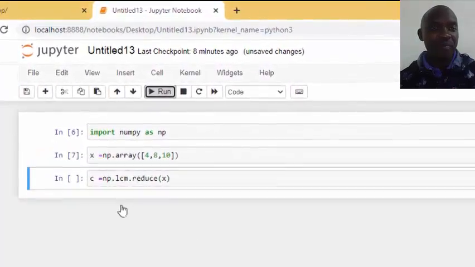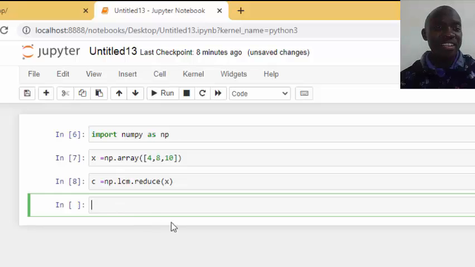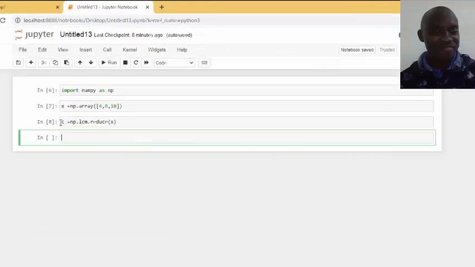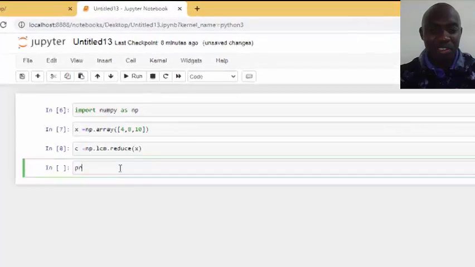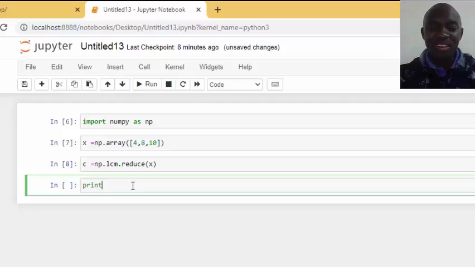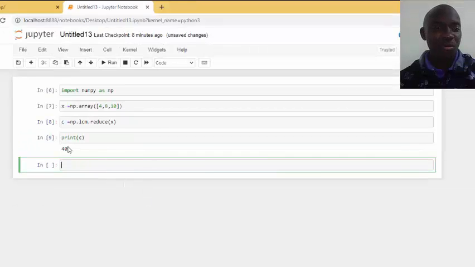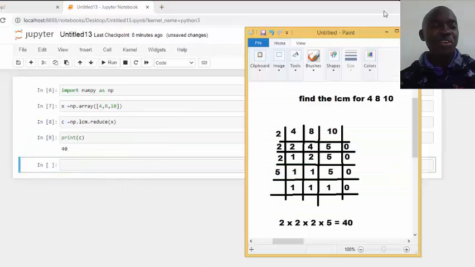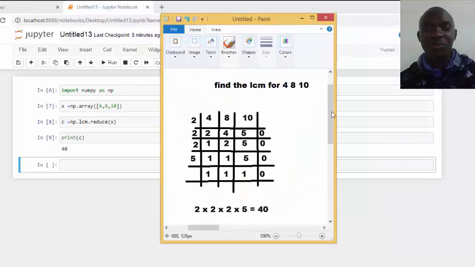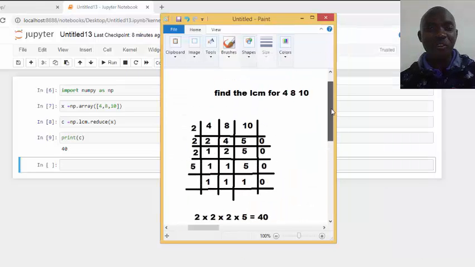When you run, it will take us to the next step. Now you would wish to print your output for this. How do you do that? You can say maybe c, or you can say print. If I use the print function and put c inside my parentheses, I will get an output. The output here is the same as what we got using the method we used by hand.